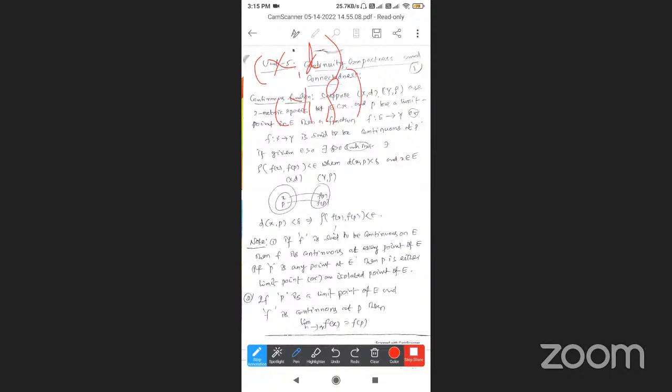E is a subset of X, and small p is a limit point in E.